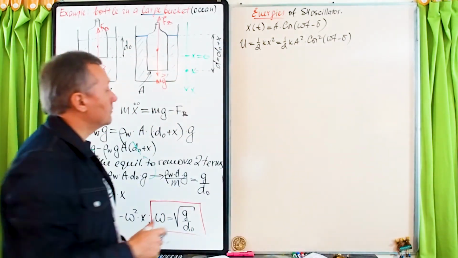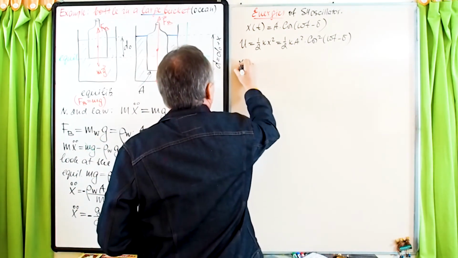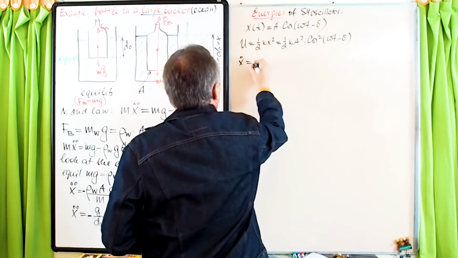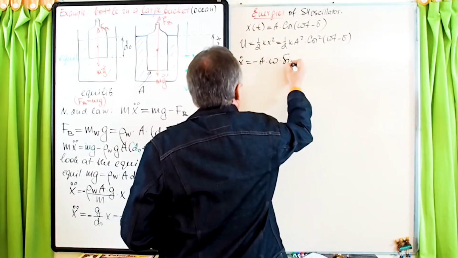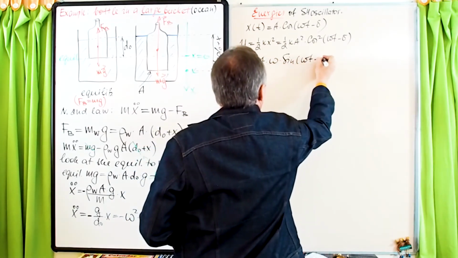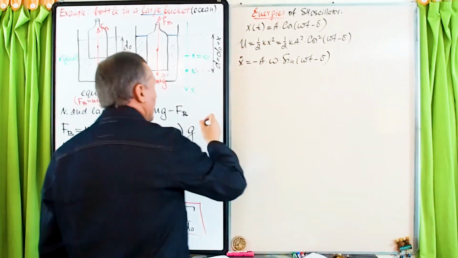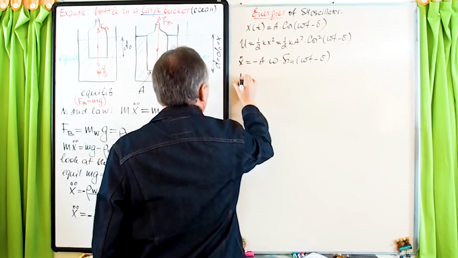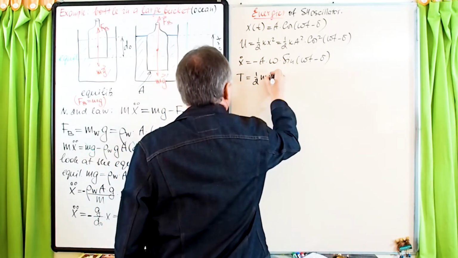And then kinetic energy. Let's write kinetic energy. Right? So x dot, of course, will be equal to minus a omega sine omega t minus delta. And so now we can write kinetic energy. Again, k or t, here we use t. Kinetic energy T equals 1 over 2 m x dot squared.